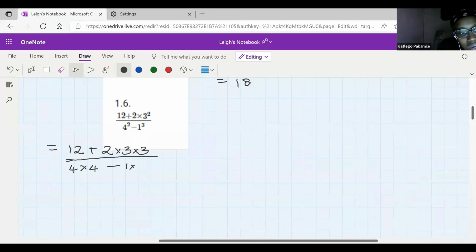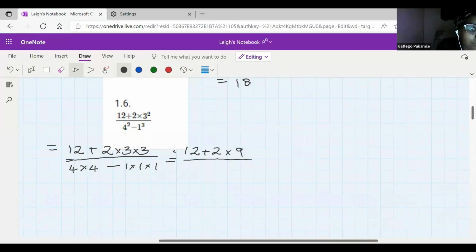Okay, so all I did there was expand them. So you said 12, and then this is 2 times 9. That's what you did, right? Yes, ma'am. And then I plus the 12 and the 2 makes 14.